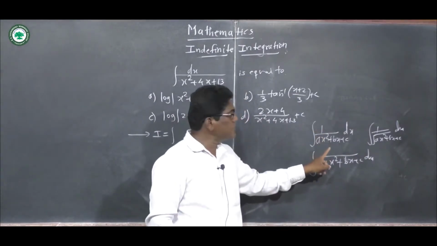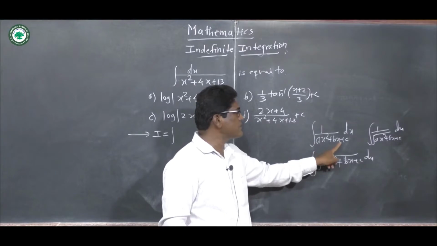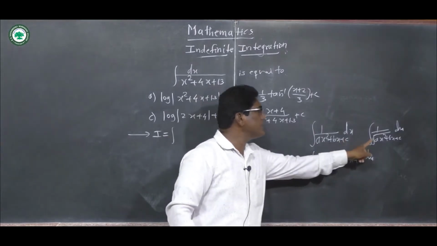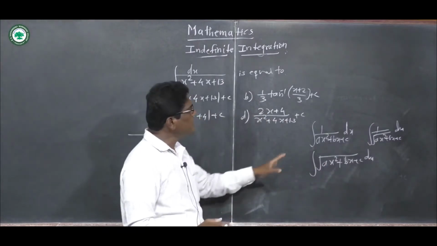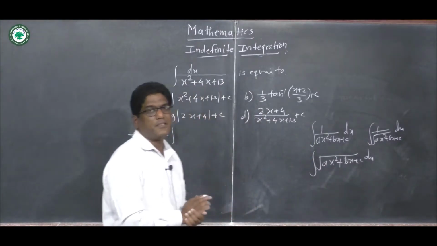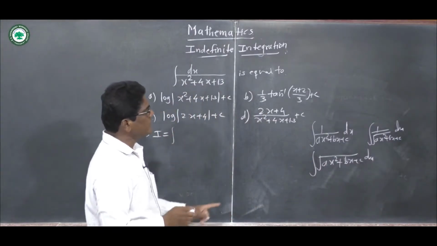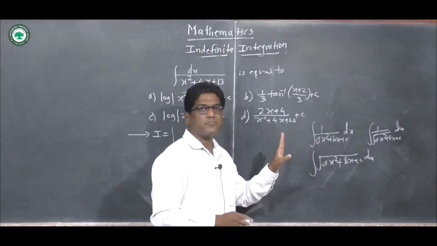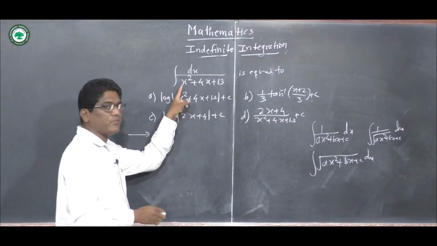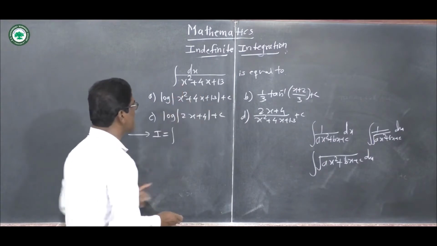Integration of 1 upon this quadratic expression ax square plus bx plus c, whether it is in the root or like this, we always have to complete the square, and before completing the square we make the coefficient of x square as 1. Now here the coefficient of x square is 1, so we complete the square.